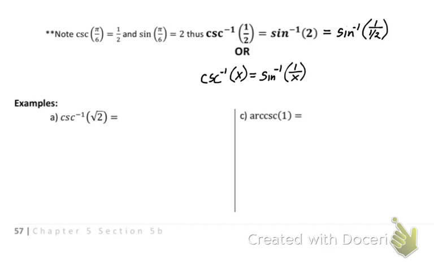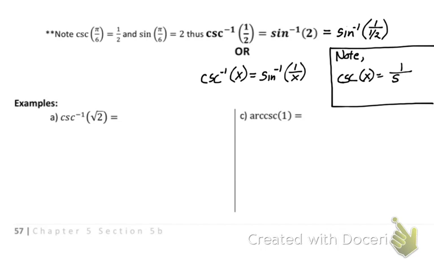So whenever I'm looking for cosecant inverse, I'm going to take the sine inverse of 1 over whatever that value is. I'm going to put a little note over here so that we don't get confused. I want to think about this every single time. Note that cosecant of x equals 1 over sine x.